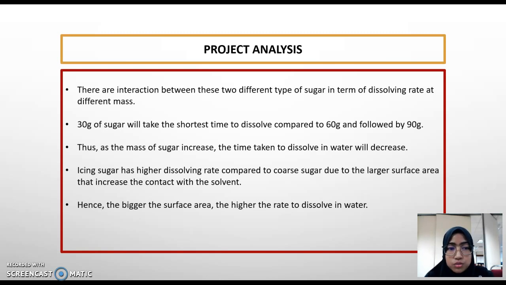Next, 30 gram of sugar will take the shortest time to dissolve compared to 60 gram, followed by 90 gram. Thus, as the mass of sugar increases, the time taken to dissolve in water will increase. Next, the icing sugar has a higher dissolving rate compared to coarse sugar due to the larger surface area that increases the contact with the solvent. Hence, the bigger the surface area, the higher the rate of dissolving in water.